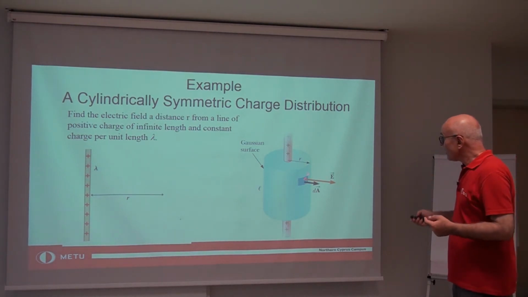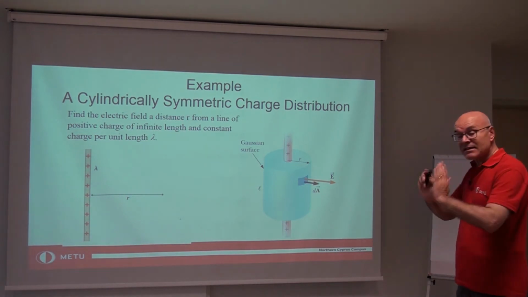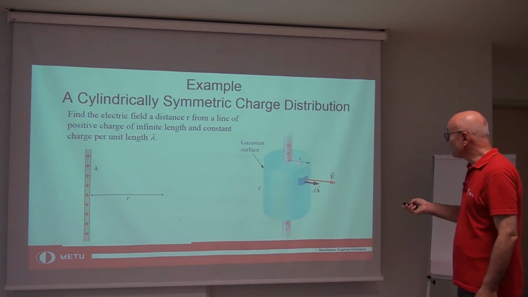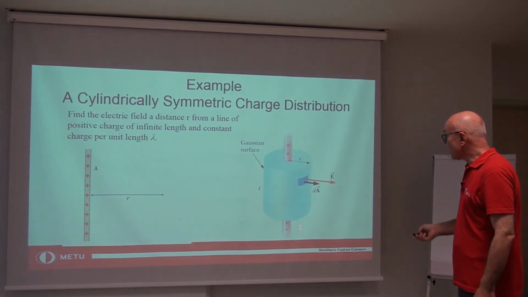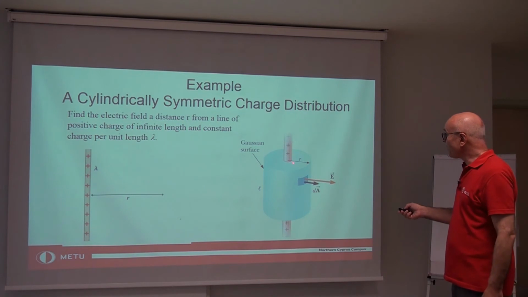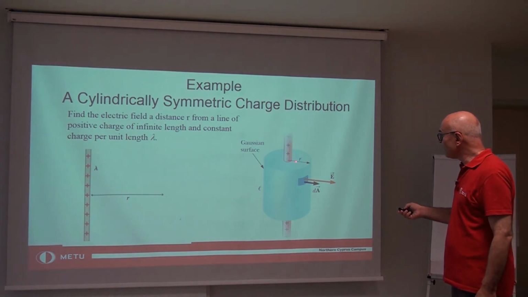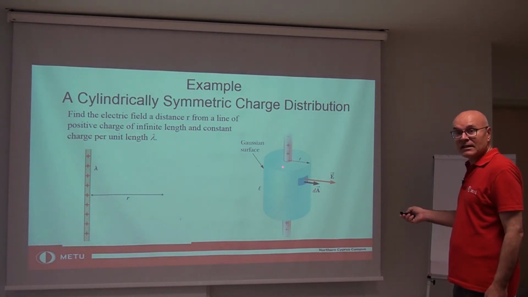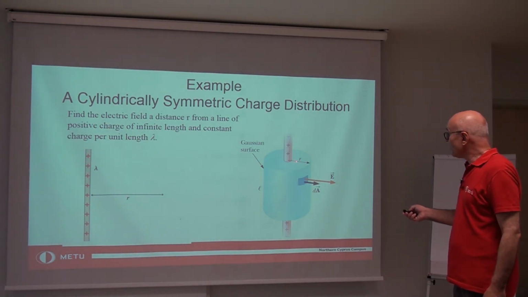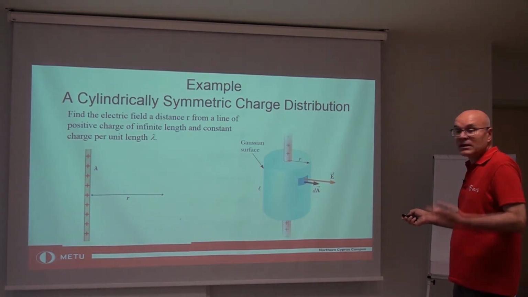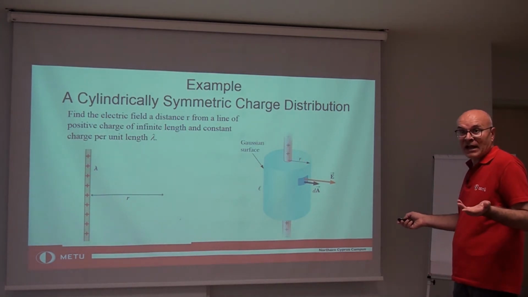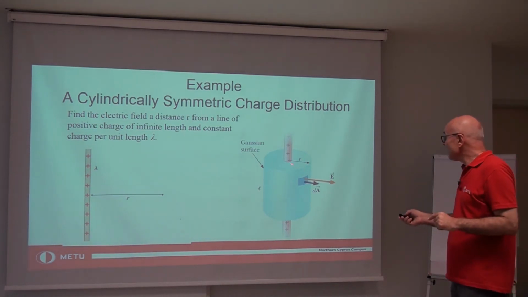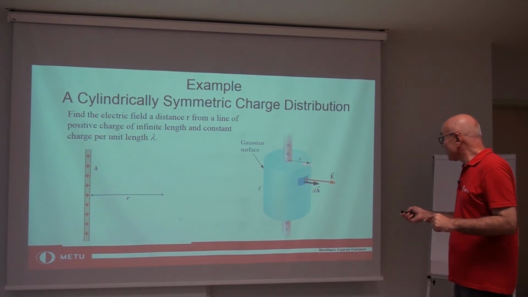Now, this is true for the curved part of the surface, but it's not true for the upper base and the lower base. On the upper base, I cannot say that the electric field is constant, because here you are at different r, so the magnitude might vary as r increases. But what I know is that the electric field is always along r.